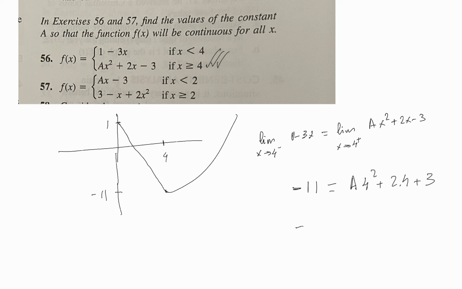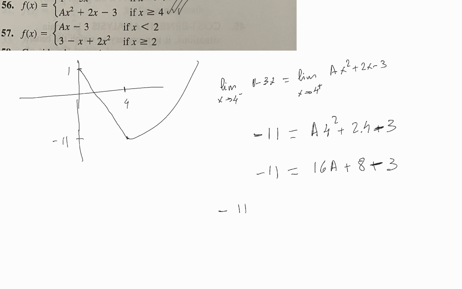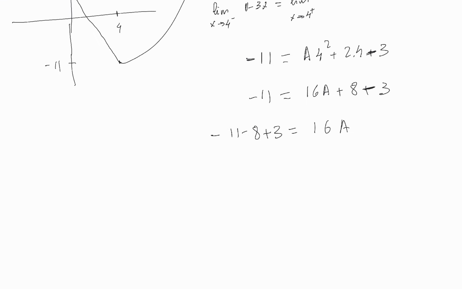So I want minus 11 to be equal to 16a plus 4 times 2 is 8, minus 3. So I want minus 11 minus 8 plus 3 equals 16a. Minus 11 minus 8 is minus 19. Minus 19 plus 3 is minus 16.